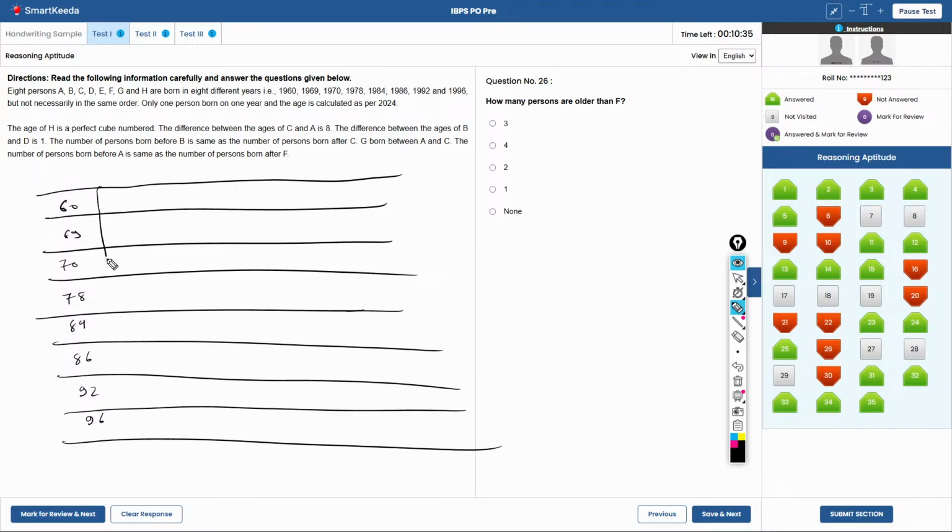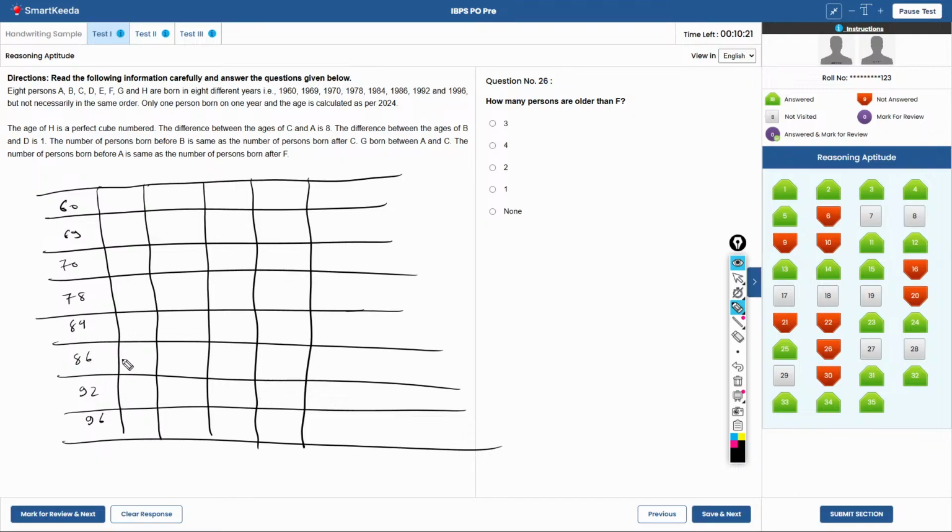So first the age, then person, and another person. So age starting with, so this person is going to be 40 years old. No, this is going to be 40 years old.